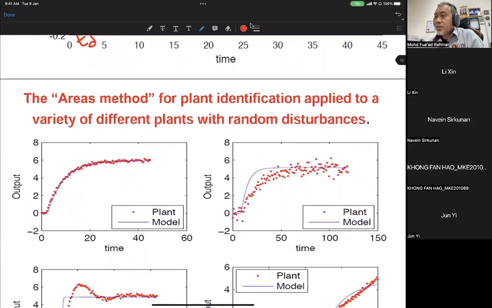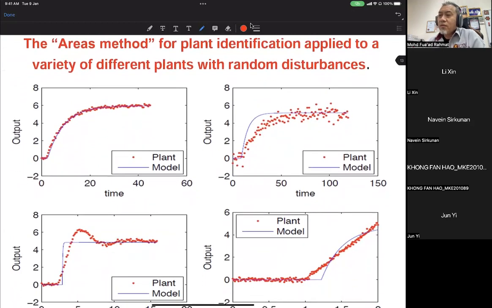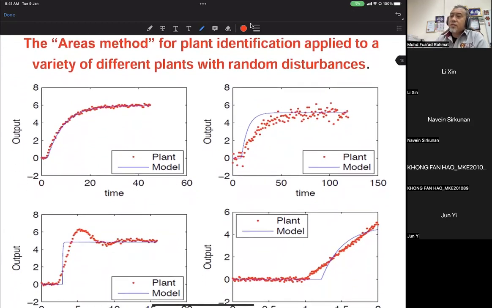The areas method for plant identification is applied to a variety of different plants with random disturbance. For example, we have several graphs of the time response. You have the first graph here, where the real data is the plant, and the estimated one is the blue line.